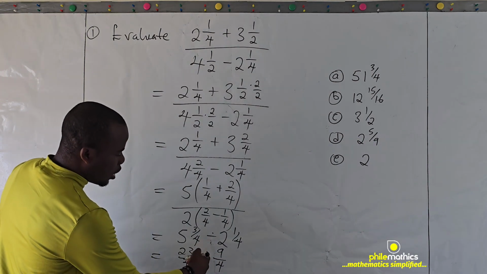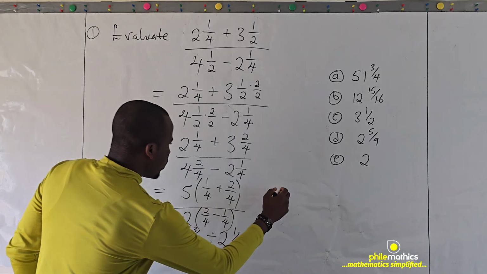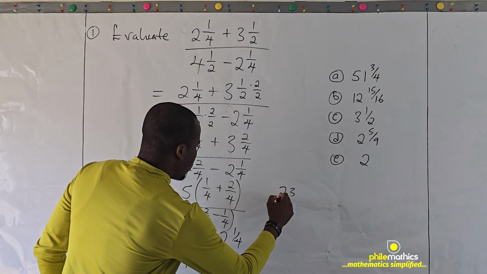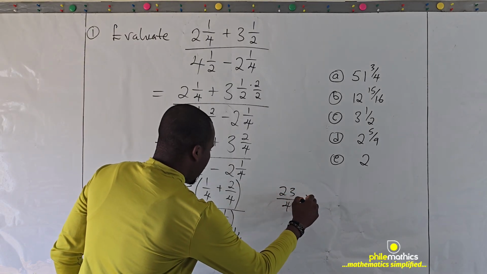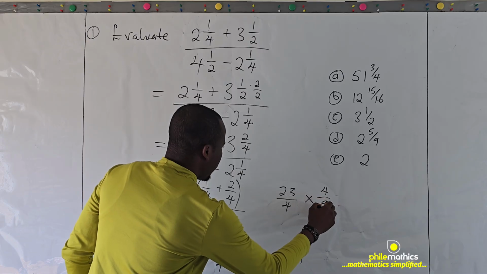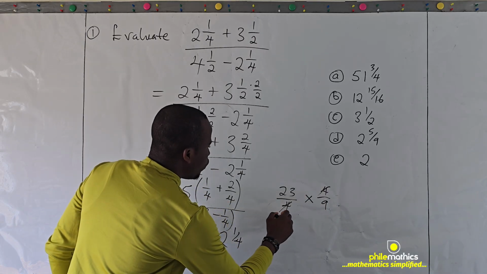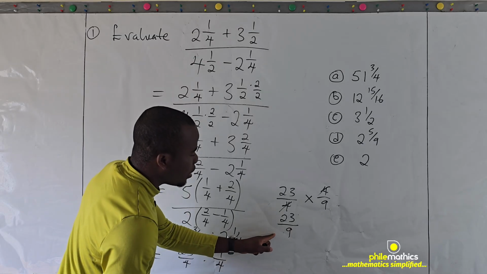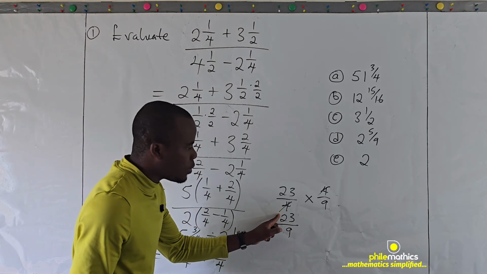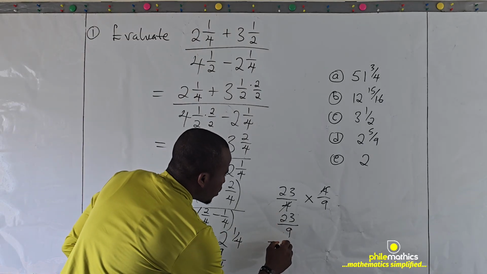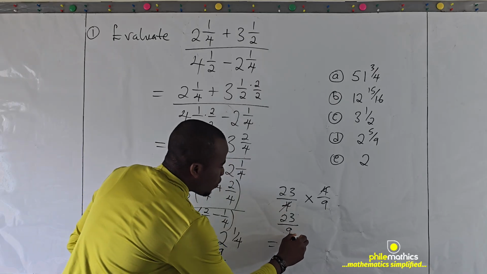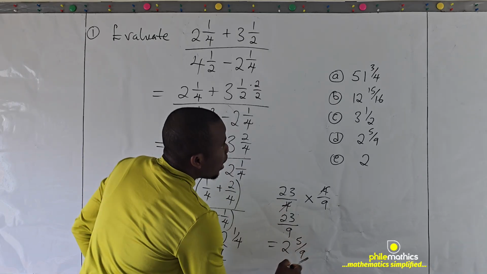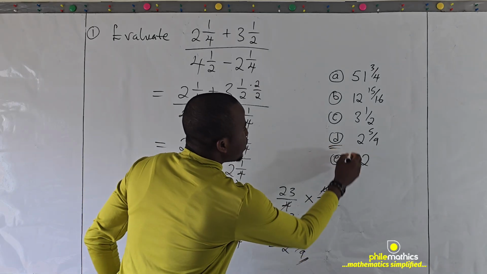If we change division to multiplication, we will get 23 over 4 times 4 over 9. The 4s cancel, and we're left with 23 over 9. If we reduce this, 9 goes into 23 two times, remainder 5, so 2 whole number 5 over 9. And that's the answer.